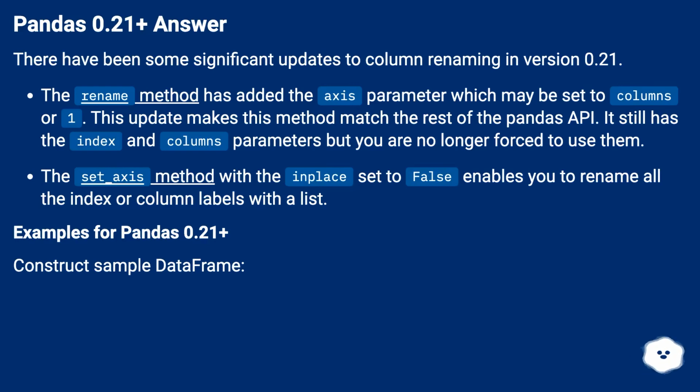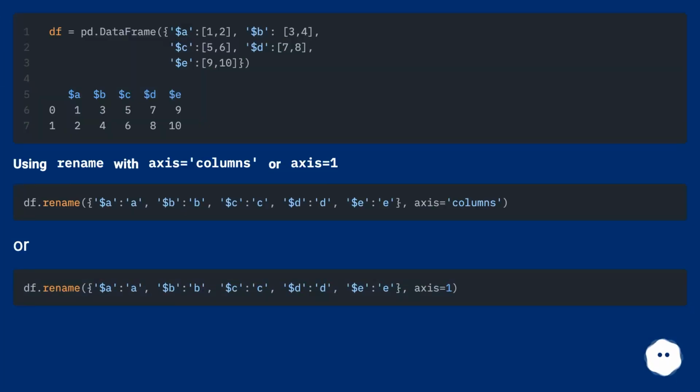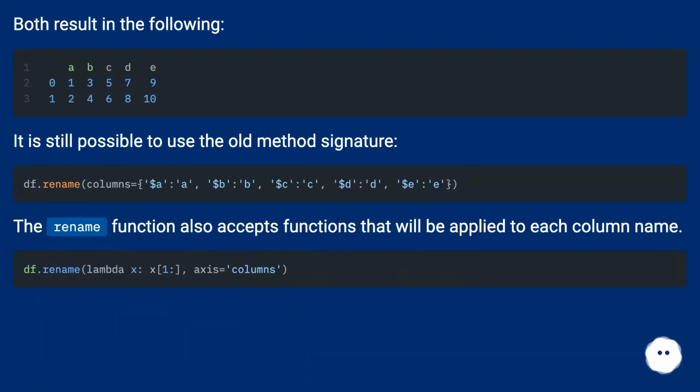Construct sample data frame. Using rename with axis equals columns or axis equals 1, or both result in the following.